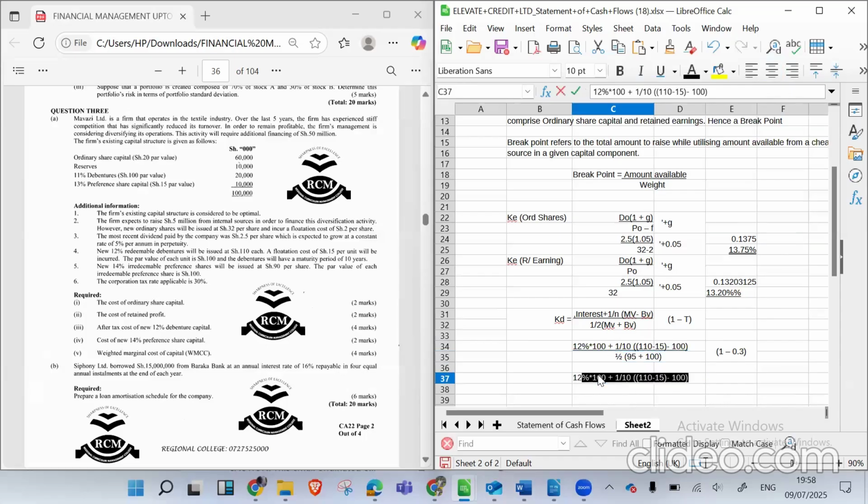So this is 12 plus 1 over 10 times into brackets 95 minus 100, and everything I divide by 1 over 2 times 195. And everything I multiply by 0.7.